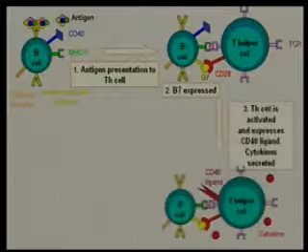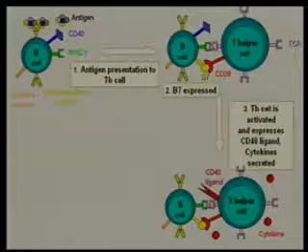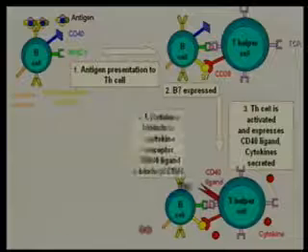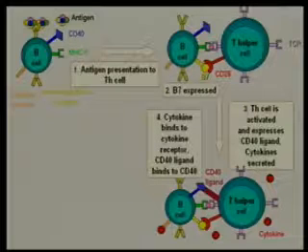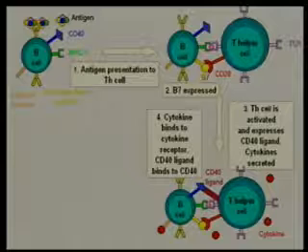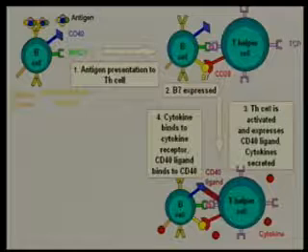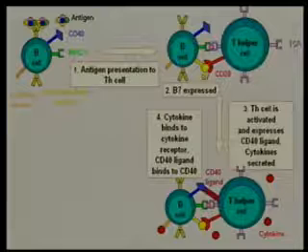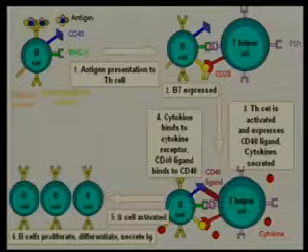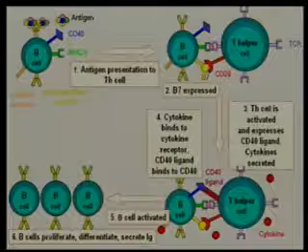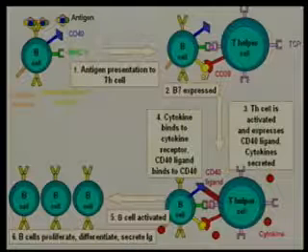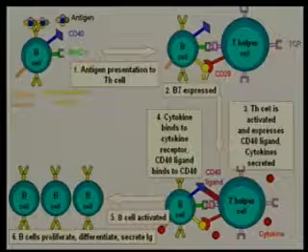This activated T cell then produces cytokines as well as CD40 ligand. CD40 ligand binds with CD40 on the B cell. The combination of CD40 ligand with the cytokines then leads to full activation of the B cells, and they can then produce the antibodies.